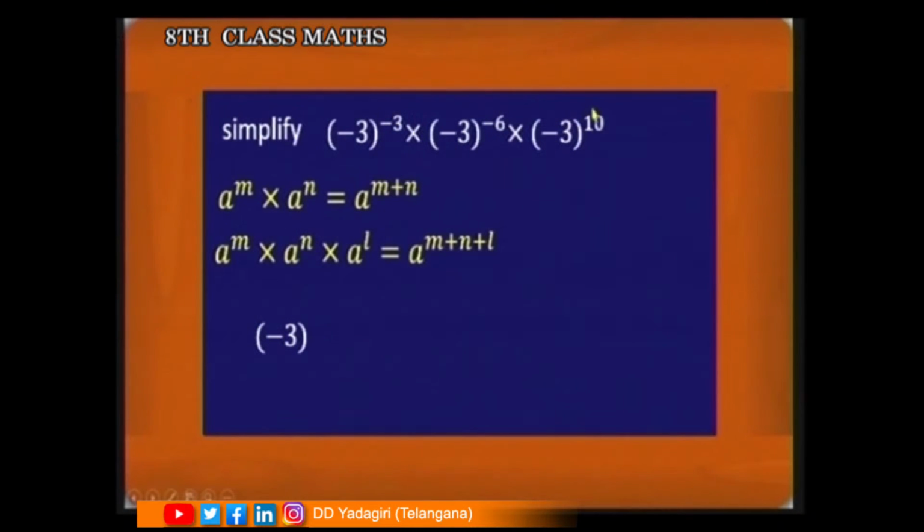Instead of writing 3 bases, we take a single base minus 3 and we add up all the 3 exponents, minus 3 plus minus 6 plus 10. That gives you minus 3 to the power of 1. How did we get this one? Minus 3 and minus 6 gives us minus 9, plus 10, thus we get 1. In this way also we can simplify this problem very easily.